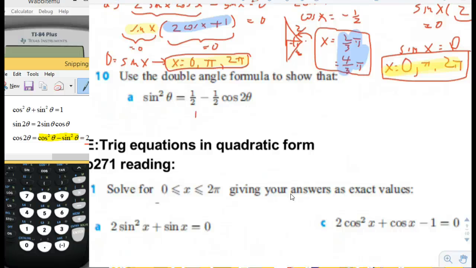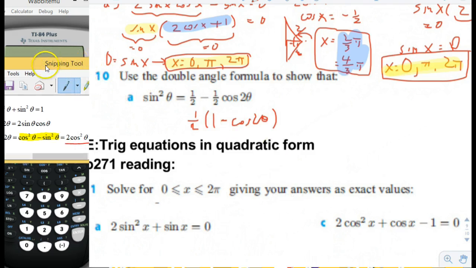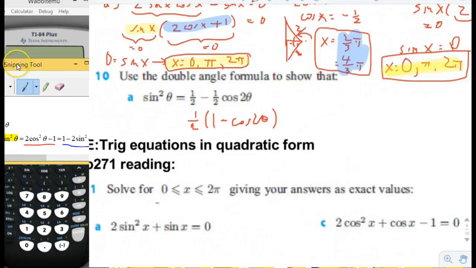If we factor out 1/2, it kind of looks like a double angle formula. One half, 1 minus cosine of 2 theta. So cosine of 2 theta, remember, can be rewritten, and it looks like we want a sine squared in the formula, so what if we wrote it as this one here, 1 minus 2 sine squared theta.